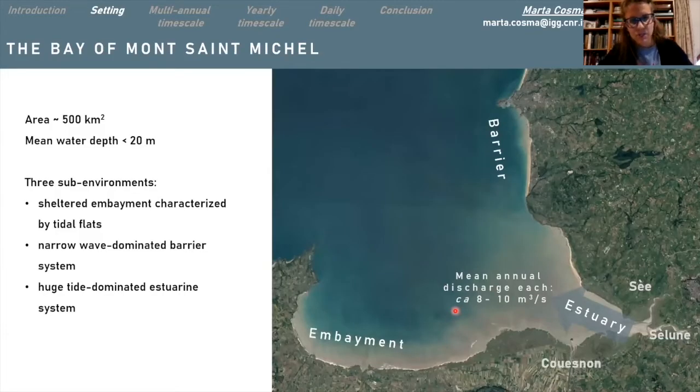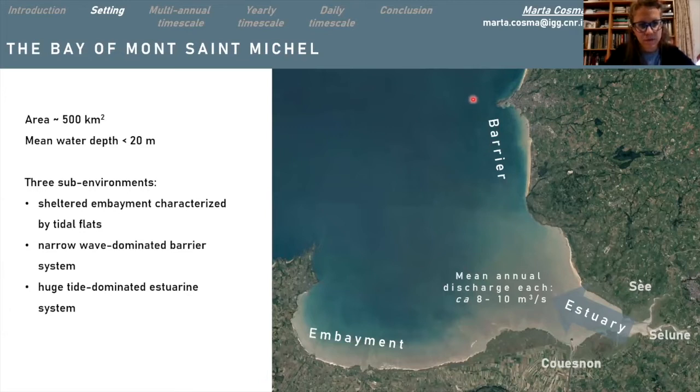The Bay of Mont-Saint-Michel is a wide and shallow basin dipping toward the northwest, and it shows three main sub-environments: the sheltered embayment, which is characterized by tidal flats in the southwest of the bay, a narrow and wave-dominated barrier system in the northwest, and a huge estuarine domain in the southeastern portion of the bay.